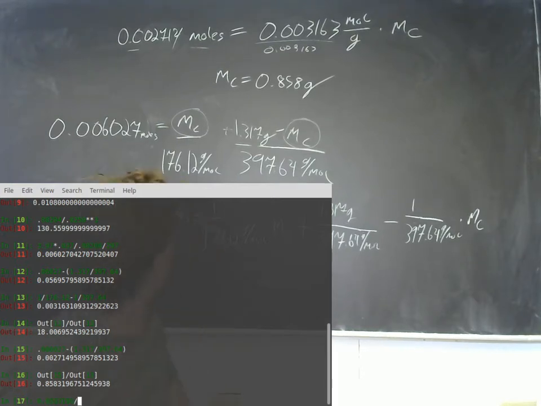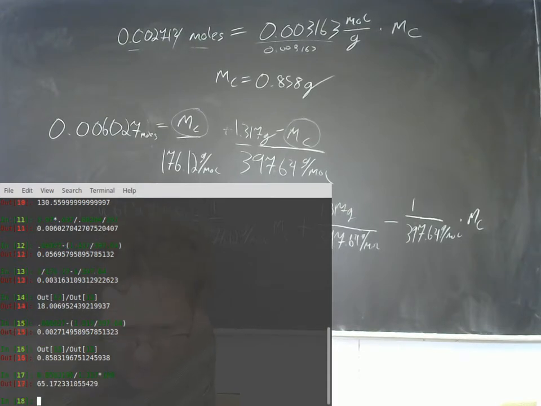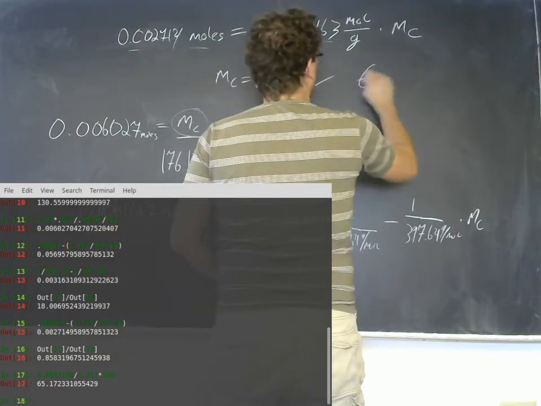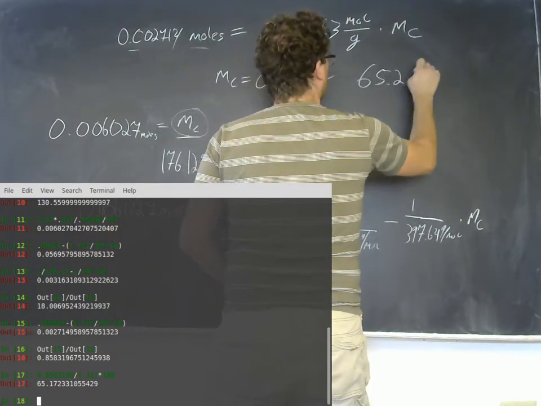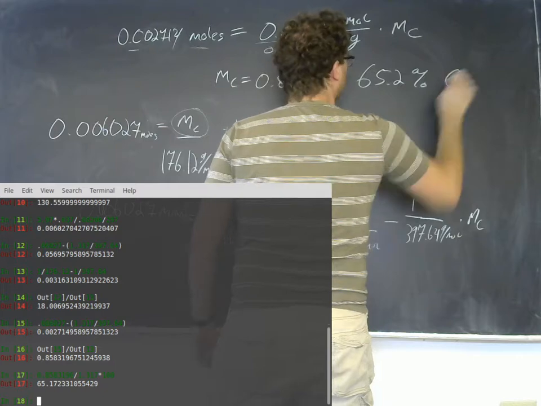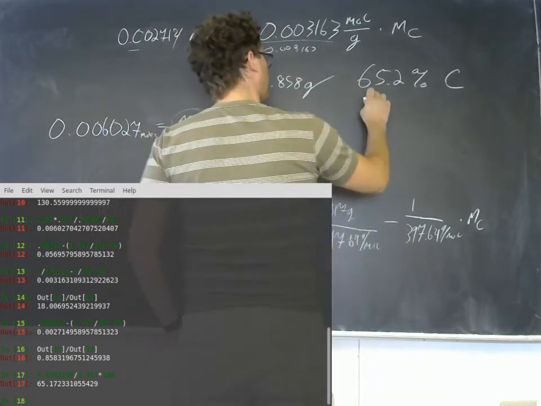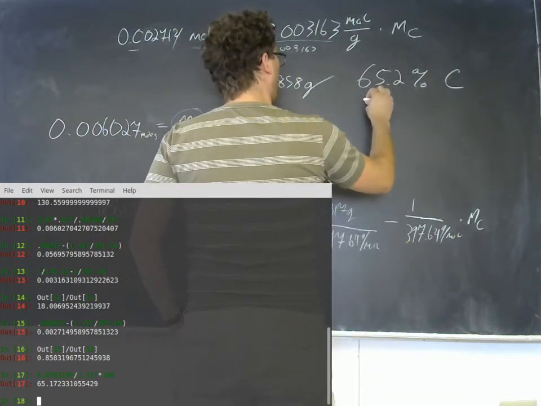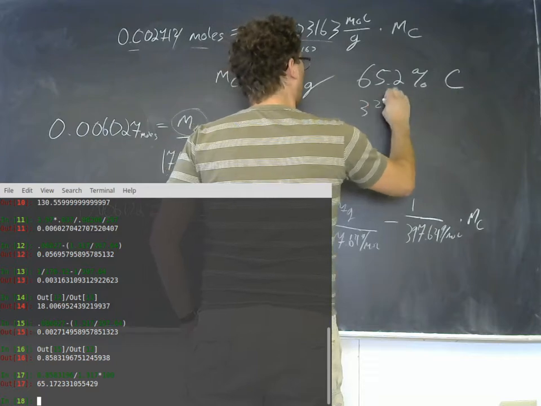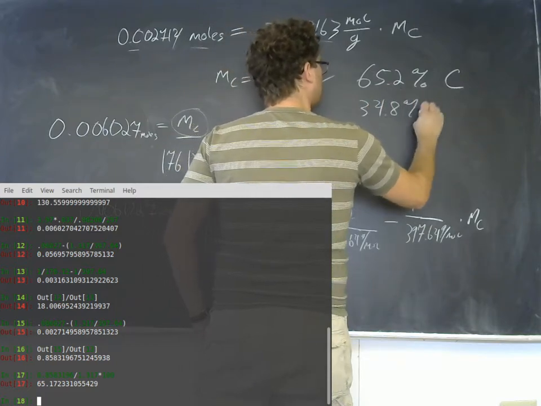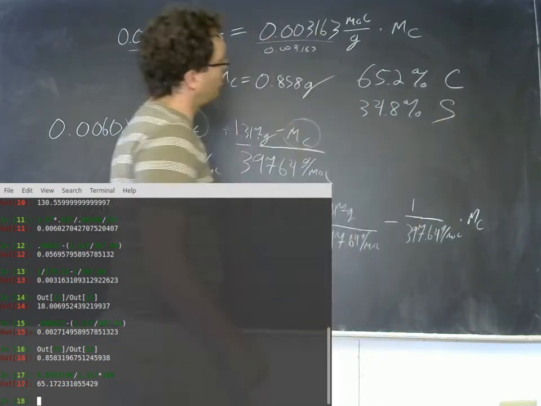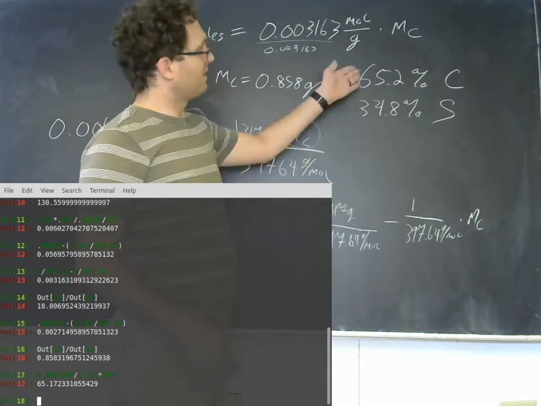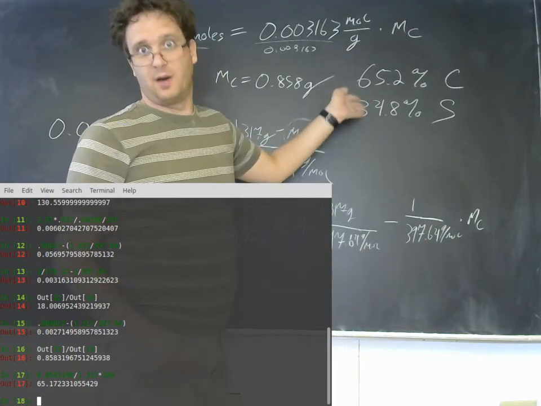Divided by the total mass of 1.317, times 100, that makes it 65.2% vitamin C. And I guess that would make it 34.8% sucralose. And that's just because I know it needs to add up to 100%.